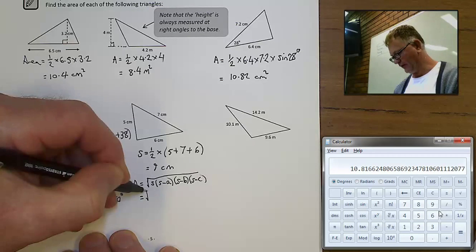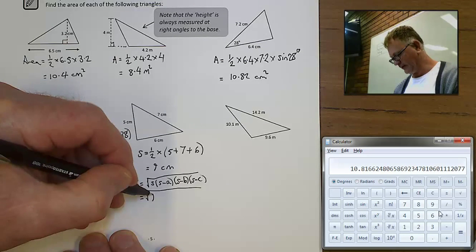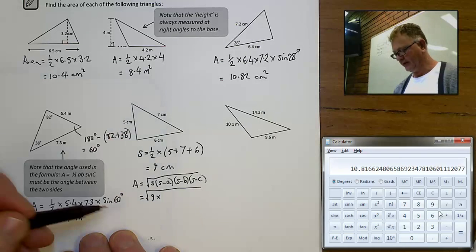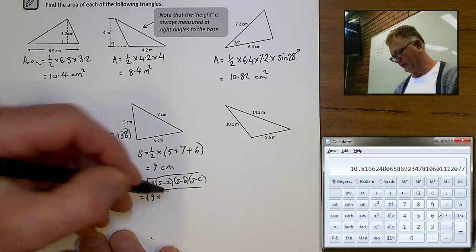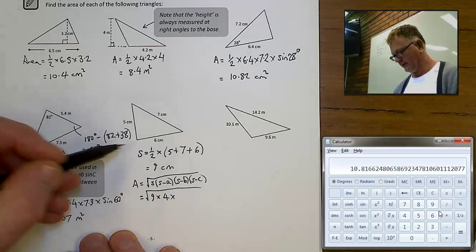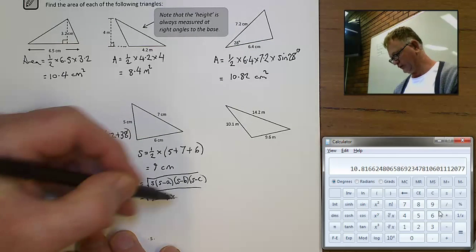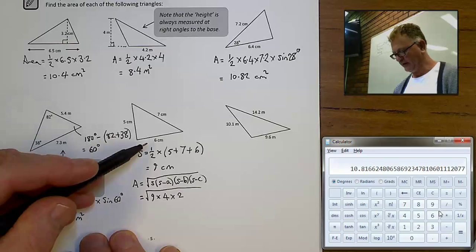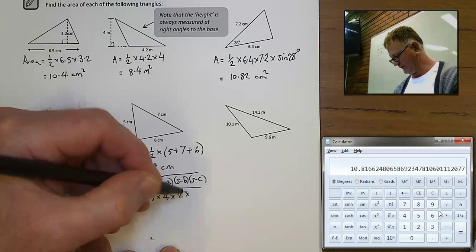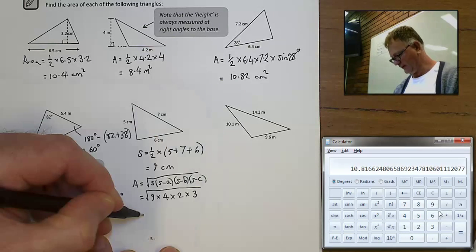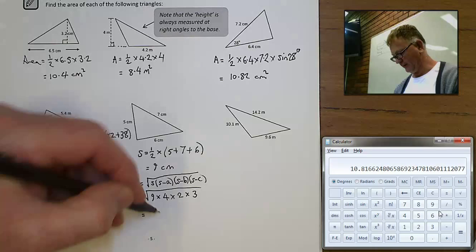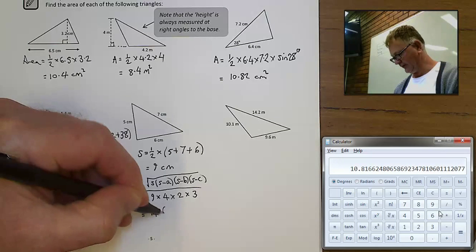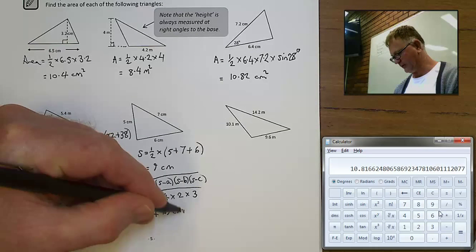So it's the square root of S is 9 times 9 minus each side. 9 minus 5 is 4. 9 minus 7 is 2. And 9 minus 6 is 3. I've done this beforehand. You can do it. Make sure you do that. Press equals and then find the square root of it. You'll end up getting 14.69 centimetres squared.